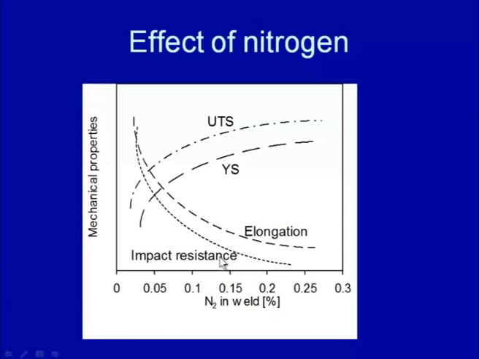So, it is not desirable to have nitrogen in a large quantity, unless the steel itself is designed to have higher yield strength and tensile strength with a great compromise over toughness and elongation, for those applications where impact resistance and fatigue loading are not expected during service.